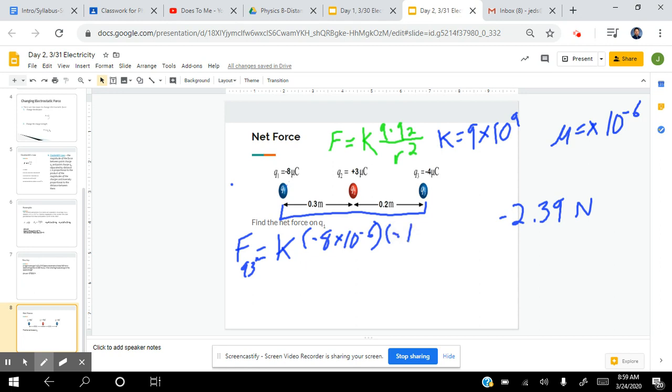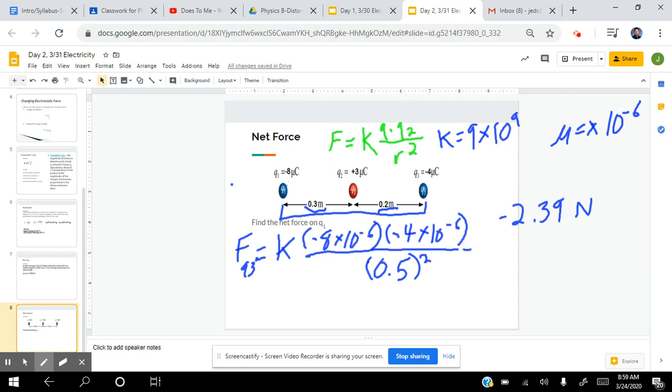So it'll be -4 times 10 to the -6th. And then you will divide that all by the radius squared between them. And in this case, the radius between them is going to be that 0.3 plus 0.2, so we have 0.5 meters. And then we're going to square that.